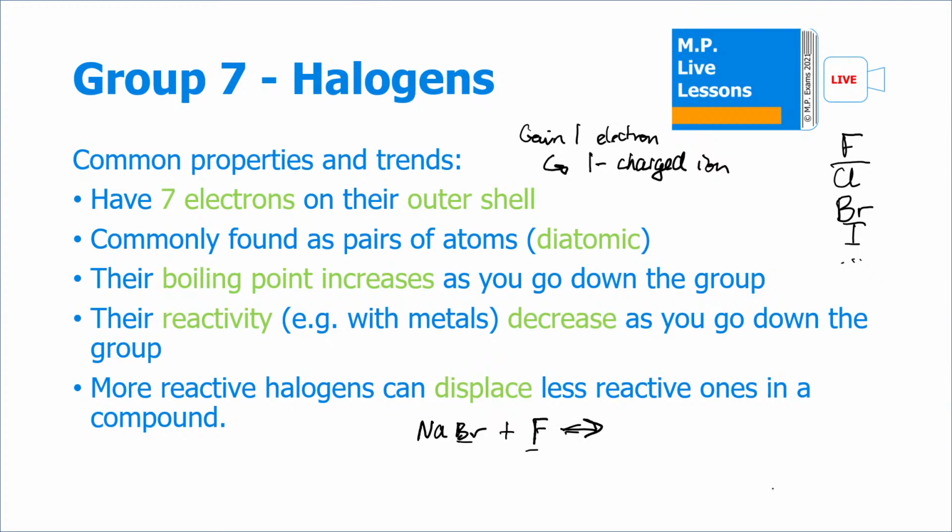So the fluorine displaces or kicks out bromine from its bond with sodium, the Na, so it becomes NaF, sodium fluoride, plus just bromine on its own. And remember that the halogens are also diatomic molecules, so we find them naturally in molecules of 2, and we'll need to balance this equation, which I'll do quickly.